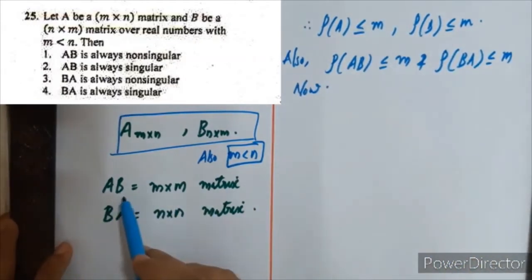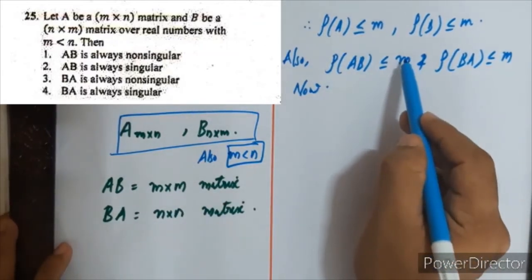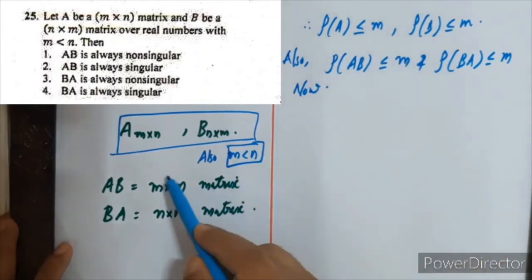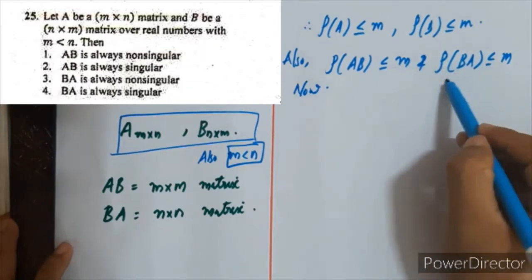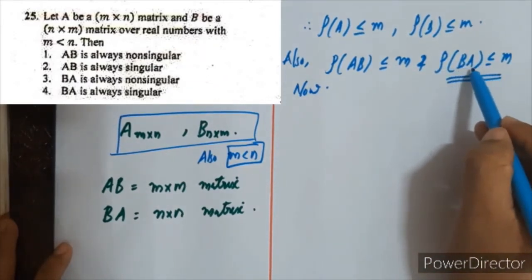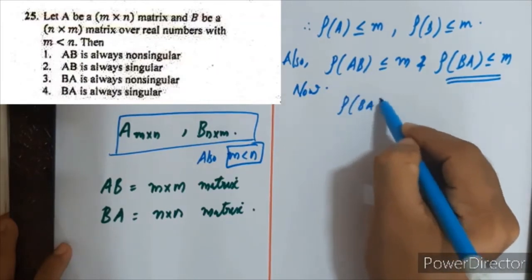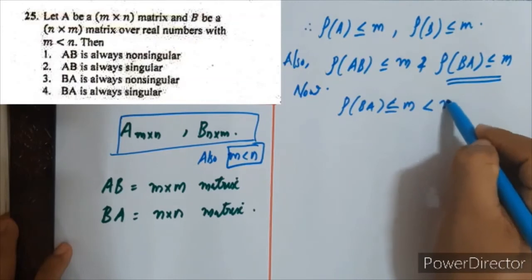Now here AB is an m by m matrix, then AB may have rank m. So we cannot conclude anything. This matrix may be invertible or non-singular. What about BA? Rank of BA is less than or equal to m, which is strictly less than n.